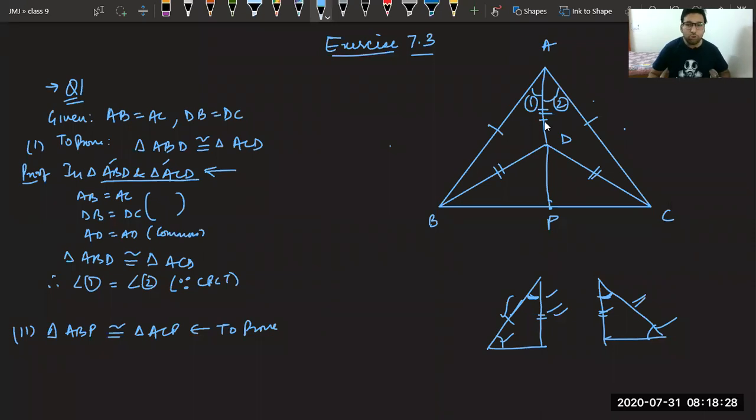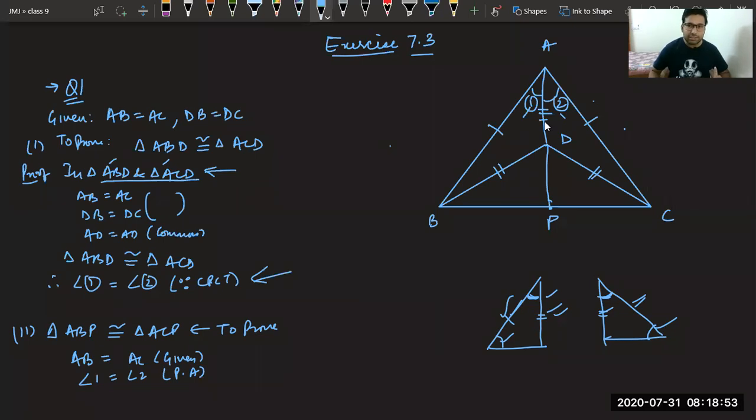Now, all of you, we have seen we have to use this thing from the first part in the second part. Now we can say AB is equal to AC, given to us. Second thing, angle 1 equal to angle 2, that we have proved above. PA means proved above. It is not for you. You will write the complete form.